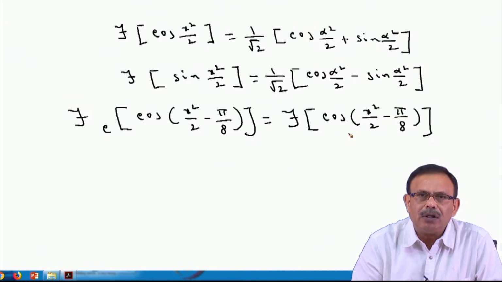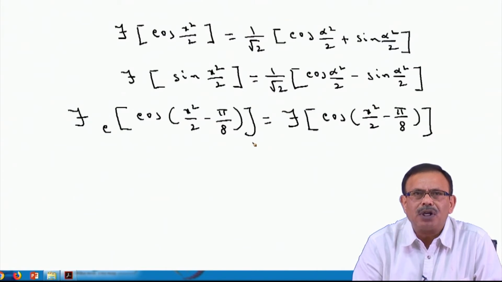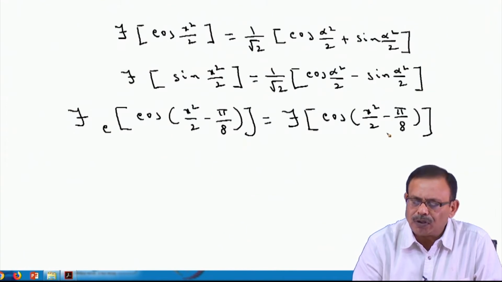Again, if you recall, in one of the lectures we have proved that the Fourier transform and the Fourier cosine transform of any function is same. Since the Fourier cosine transform and Fourier transform of any function is same, therefore, you can write down Fourier cosine transform of cos of x square by 2 minus pi by 8 equals Fourier transform of cos of x square by 2 minus pi by 8.